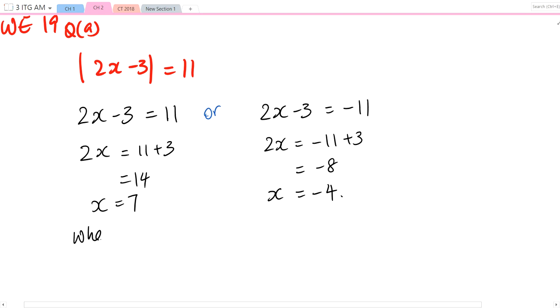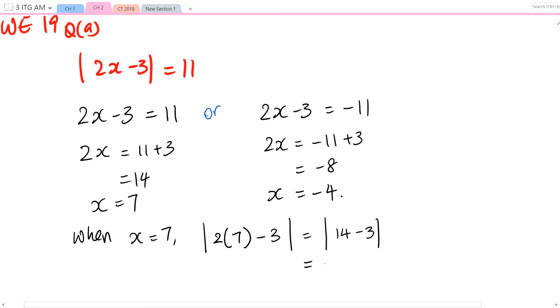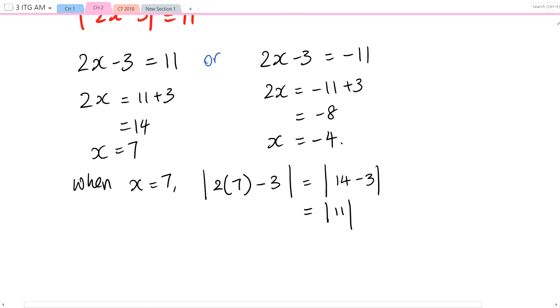So when x equals 7, let's see what we get. 2 times 7 minus 3 equals modulus of 14 minus 3, which is modulus of 11, which is simply 11, equal to the right hand side. Okay, so x equals 7 is a valid answer. Let's try when x equals negative 4.